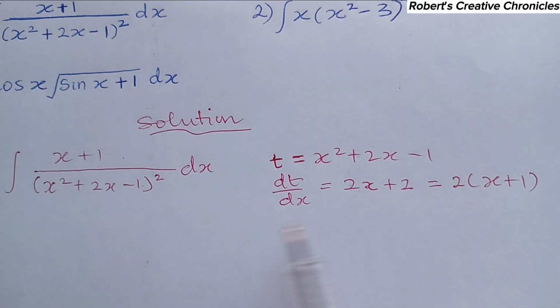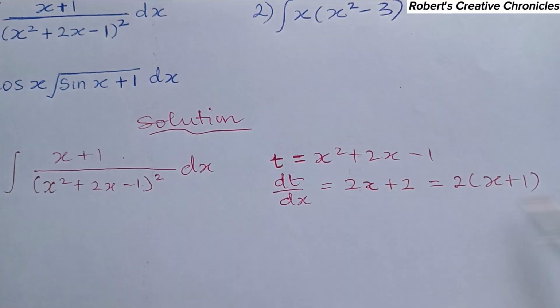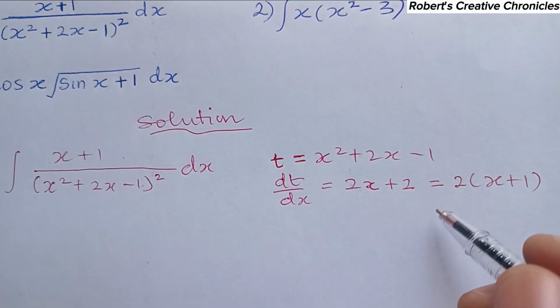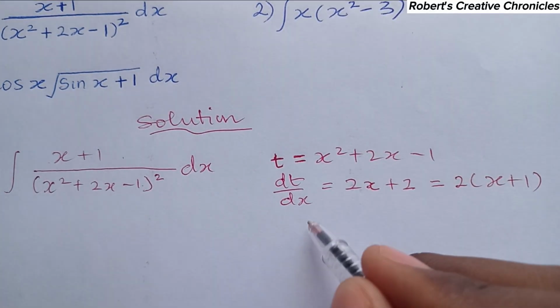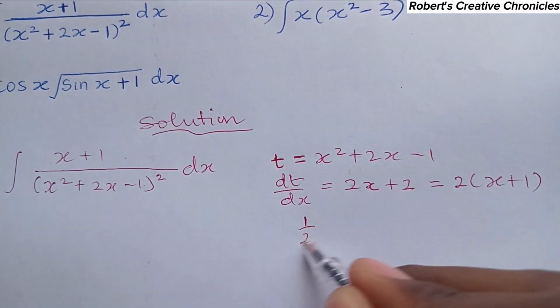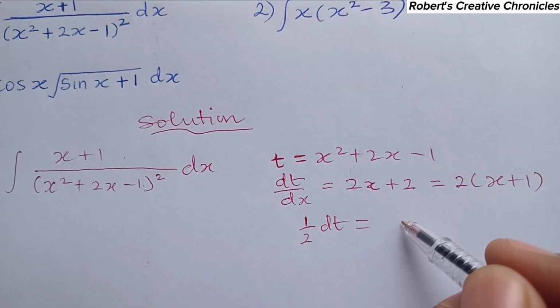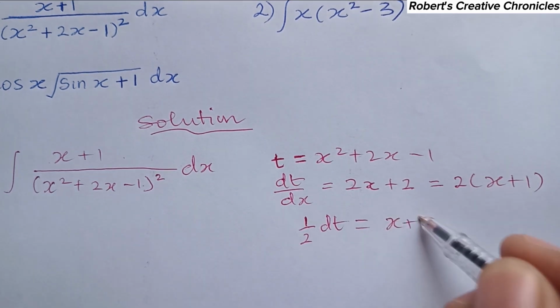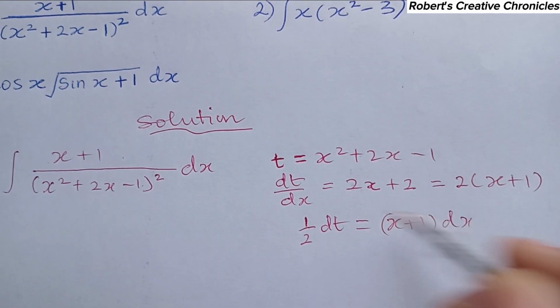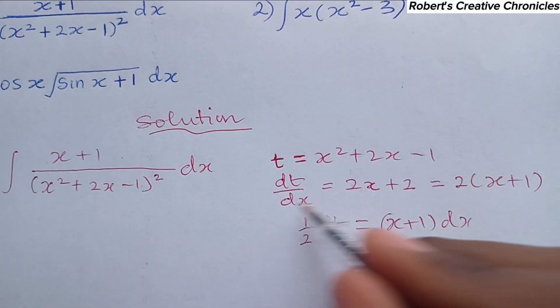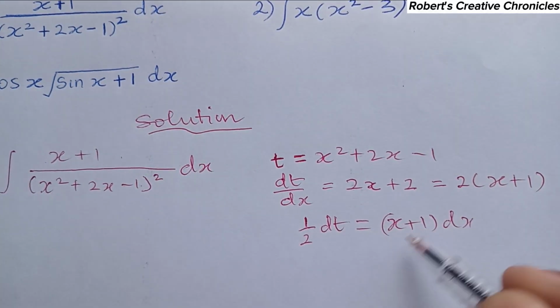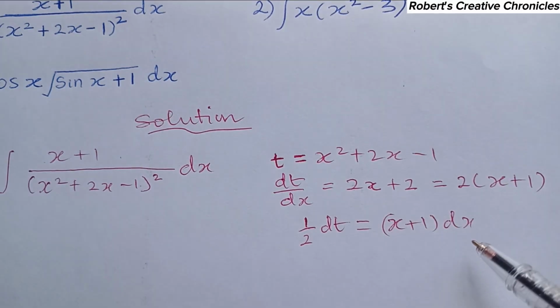Normally we'll make dx the subject of the formula, but to make things easy, we'll make x plus 1 dx the subject of the formula, so we can just substitute it here directly. So half dt will be equal to x plus 1 dx. As you take this to the other side and bring the 2 down here, you get half dt is equal to x plus 1 dx.